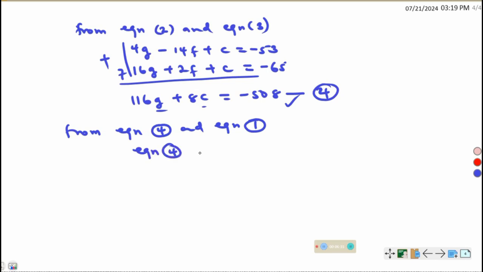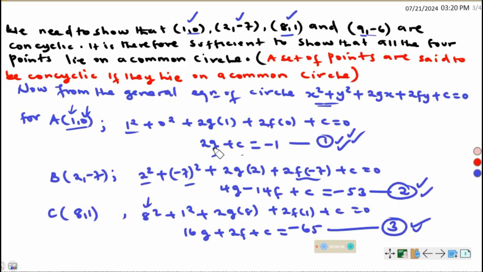So let us get equation number 4. We subtract 8 times equation number 1. So we want to eliminate c first. So when you get equation 4, then you subtract equation number 1, 2g plus c, multiplied with 8.